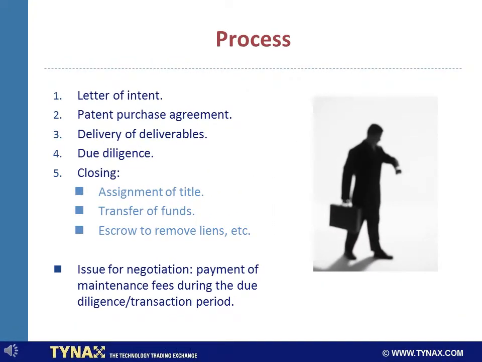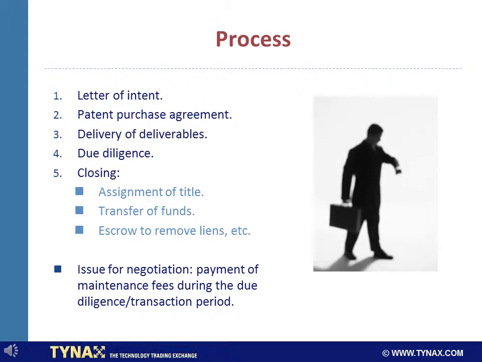The transaction process often starts with the letter of intent that normally identifies the price to be paid, the patent assets to be sold, and key pertinent information on the proposed transaction. Some components of the letter of intent are usually binding, and others are not. Buyers often want the seller to agree to take the patents off the market to provide sufficient time for the transaction to close.